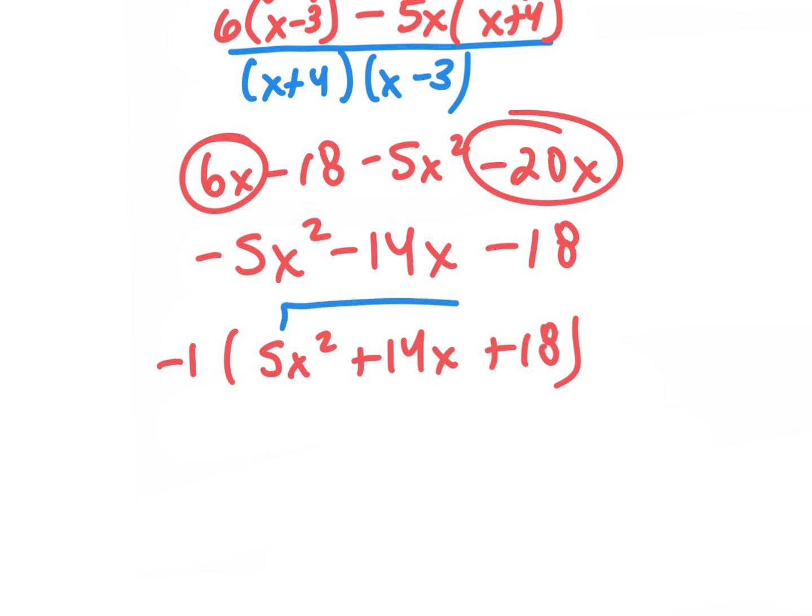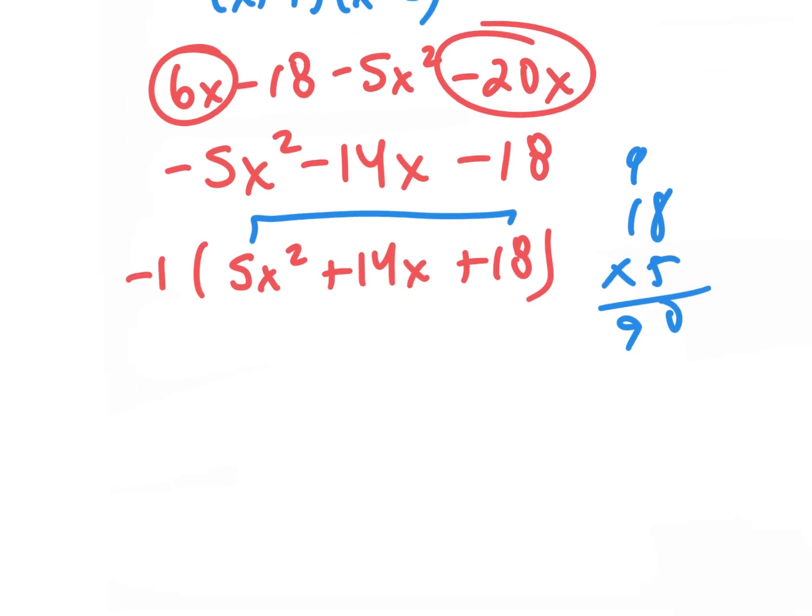All right, what's 5 times 18? 90. Are there factors of 90 that'll multiply to give me 90 but add to give me 14?